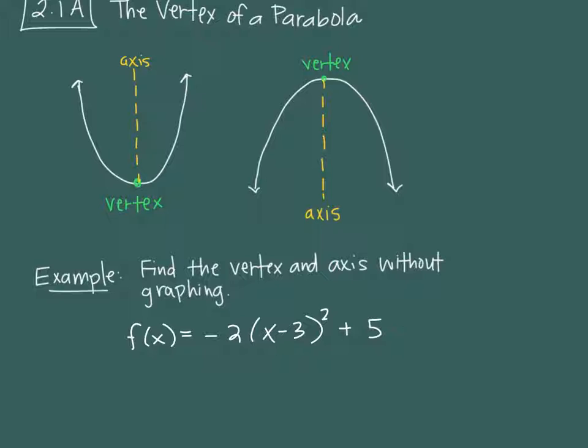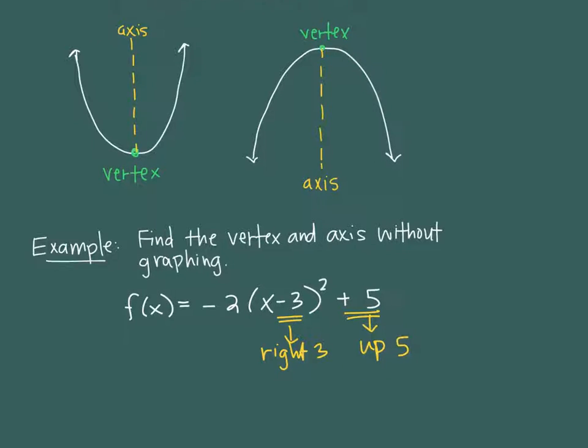Besides being flipped upside down, what else has happened to this parabola? What does that mean right there? Right 3. And then what about this part? Up 5. That's the location of the vertex.